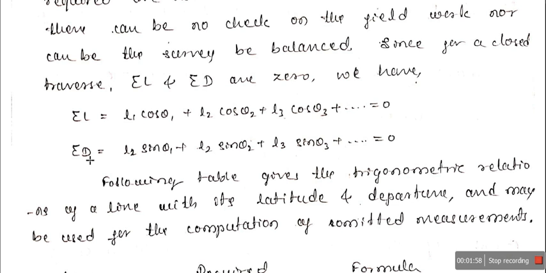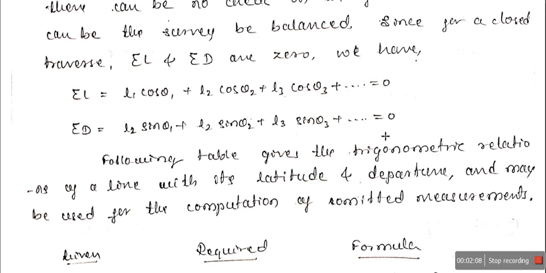Similarly, the summation of D, or summation of departure, is always equal to 0 in a closed traverse. If there are missing quantities, we have to find them by using these two conditions, these two formulas.